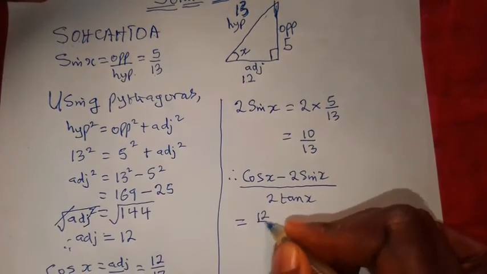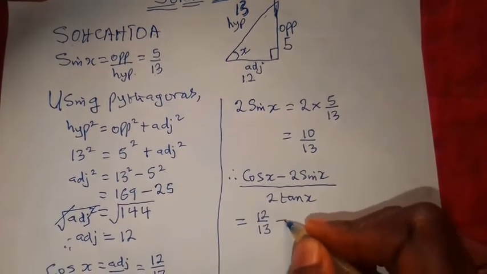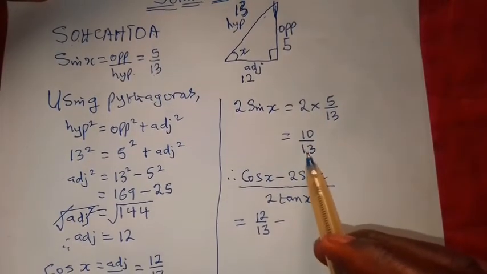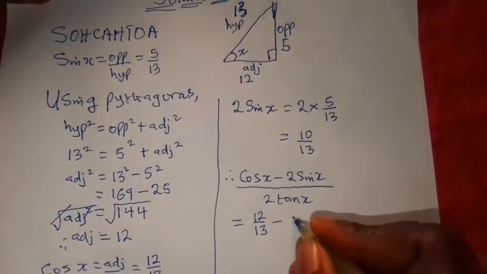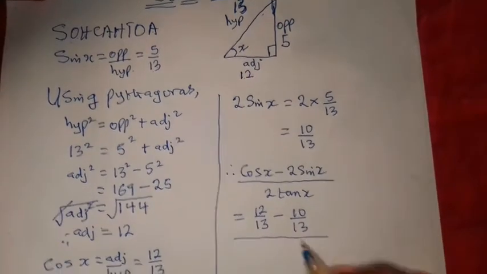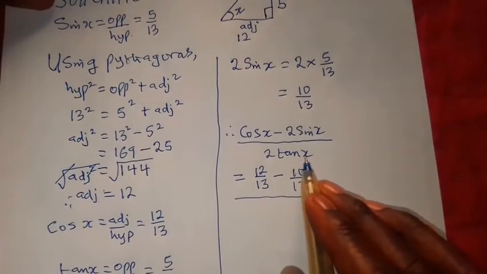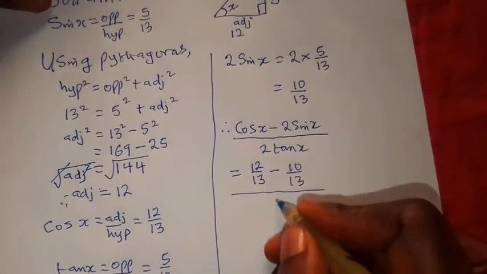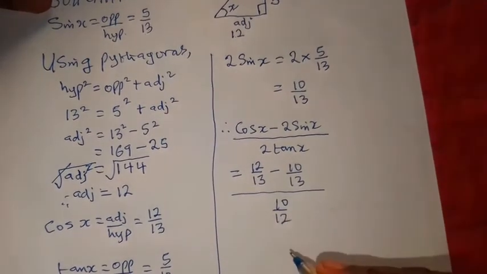We have our 12 upon 13. Then minus 2 sine x, like what you have here, is 10 upon 13. So write it out, 10 upon 13. Then everything divided by 2 tan x. And from what we have here, our 2 tan x is 10 upon 12. So write it out here as 10 upon 12.